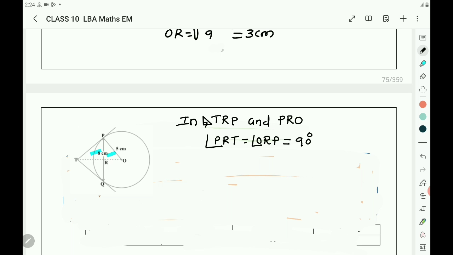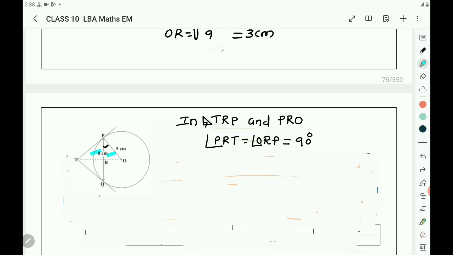Both are right angles. In triangle PTR, angle PRT is equal to 90 degrees and the sum of these two is 90. So angle PTR is equal to 90 minus angle TPR.